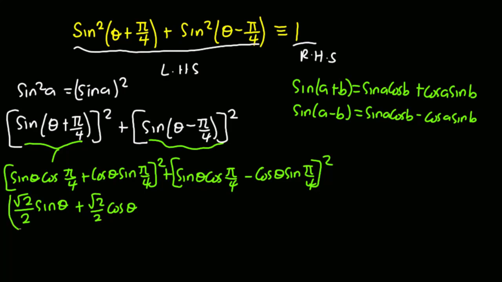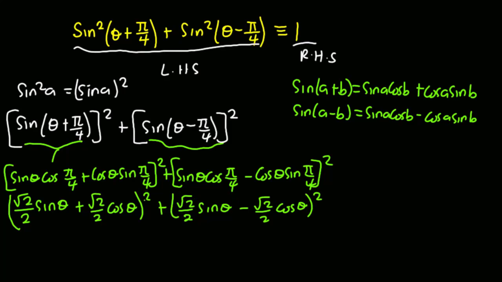Now remember that all this is squared, plus, now this will also give root 2 on 2 sine theta minus another root 2 on 2 cos theta, but all this squared.